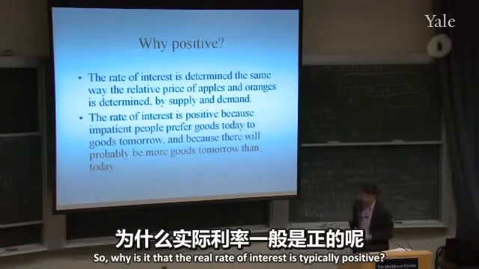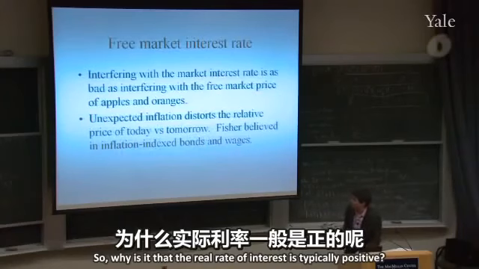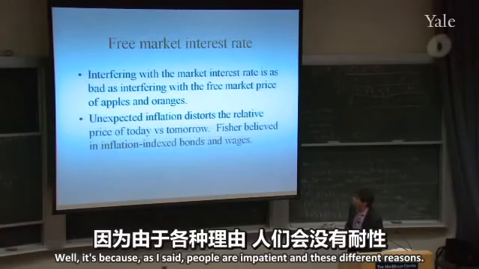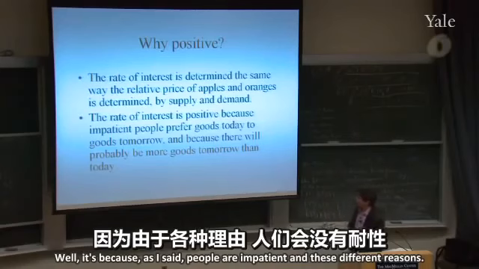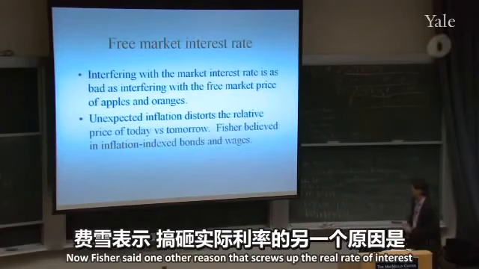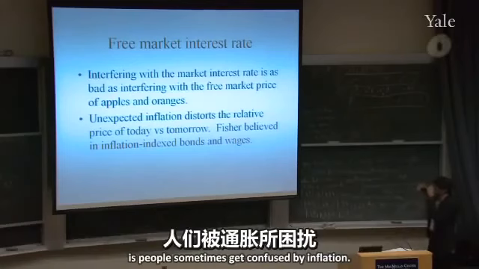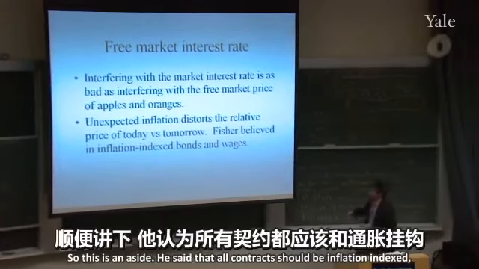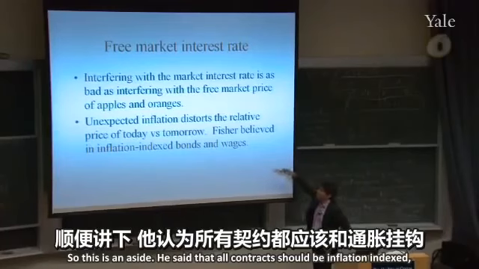So why is it that the real rate of interest is typically positive? Well, it's because, as I said, people are impatient. And there are these different reasons. Now Fisher said one other reason that screws up the real rate of interest is people sometimes get confused by inflation. So this is an aside. He said that all contracts should be inflation indexed.